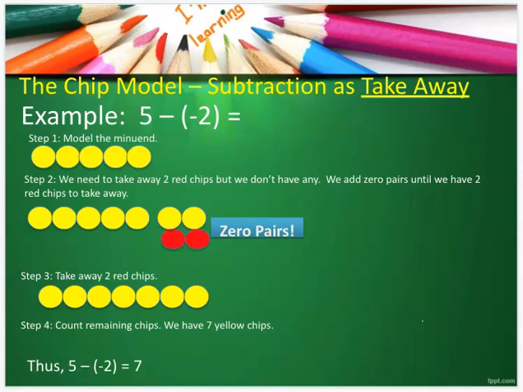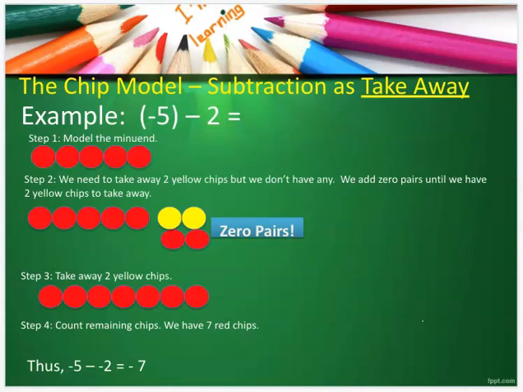So I added 2 0 pairs, so I would have 2 red chips to take away. Now I can take away 2 red chips, and I'm going to count the remaining chips. We have 7 yellow chips remaining. So 5 take away negative 2 is actually positive 7. This is a great way to connect to the algorithm that you might already know.